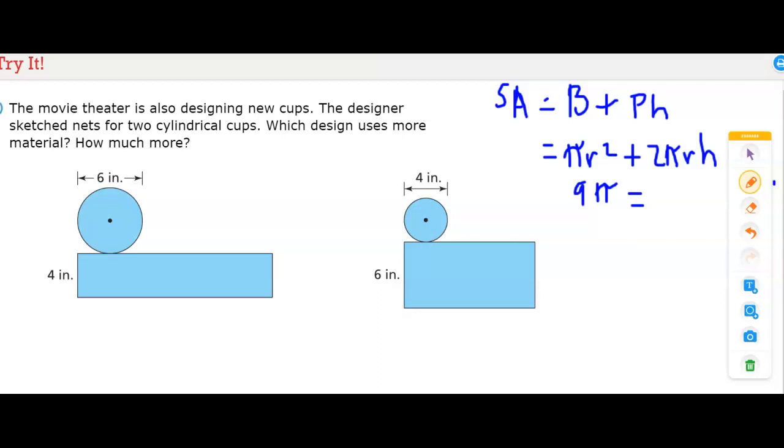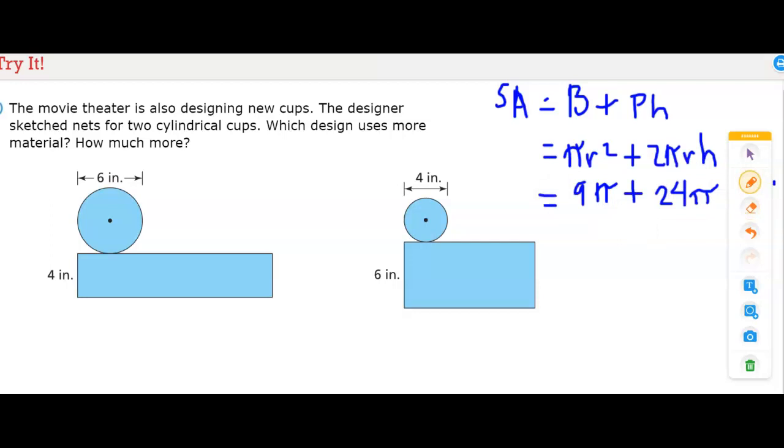So R again is 3, and we're going to multiply that by 2. And then we have the height of the rectangle, which is 4. So multiply that by 4. So that gives me 24 pi. I'm sorry, that was not supposed to be an equal sign right here. So that's a plus sign there.